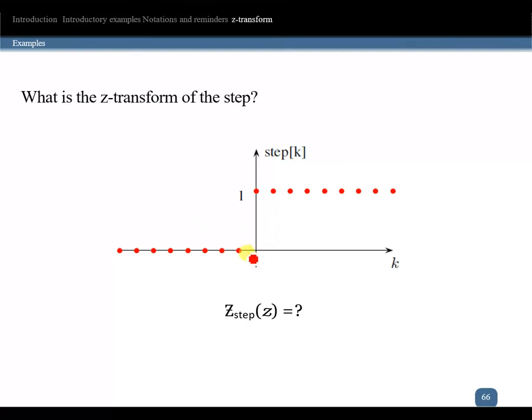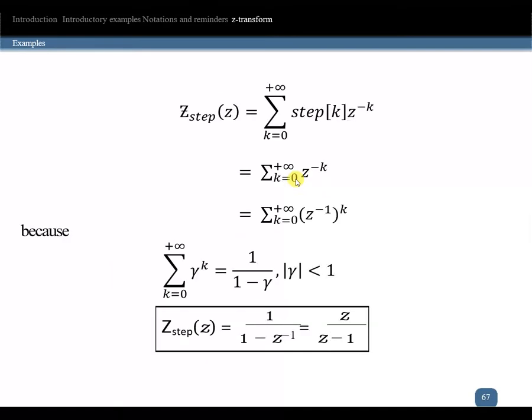A step means less than 0 it is 0, and bigger than 0 the answer is 1. Okay, we put it in the definition of the Z transform. My signal is a step, and the definition is z^-k, with k from 0 to infinity, and the step's value is 1. So it becomes the sum of 1 times z^-k.